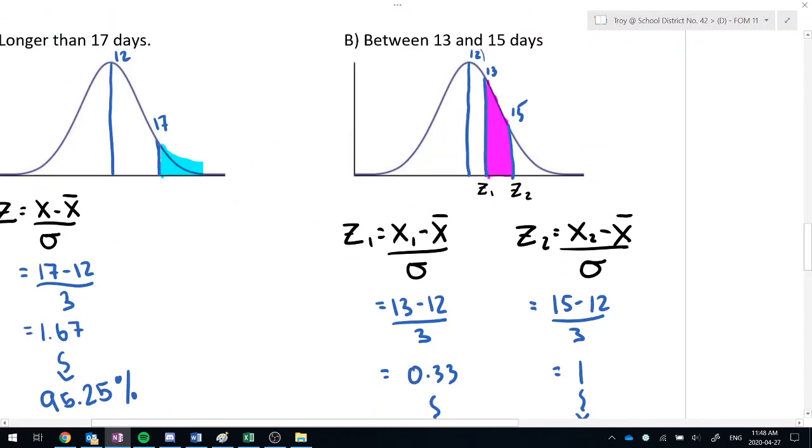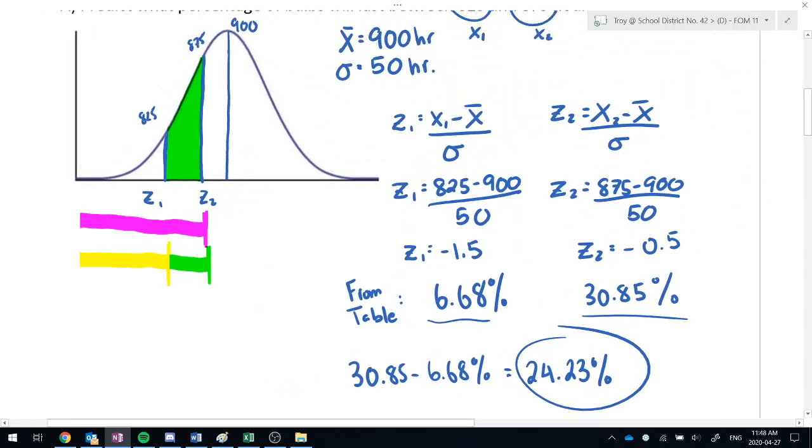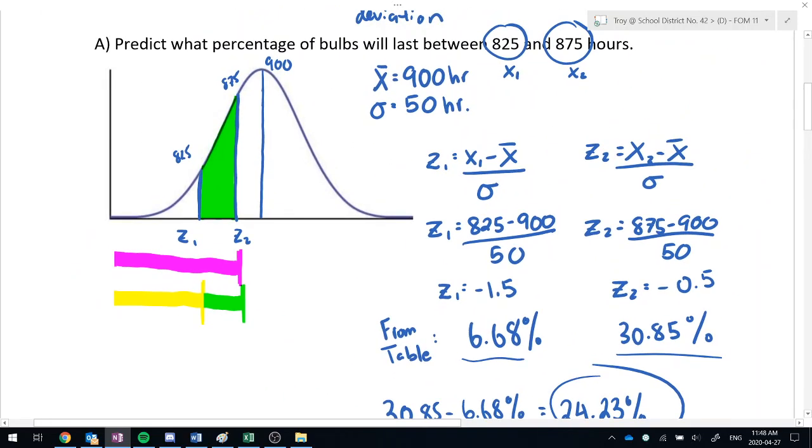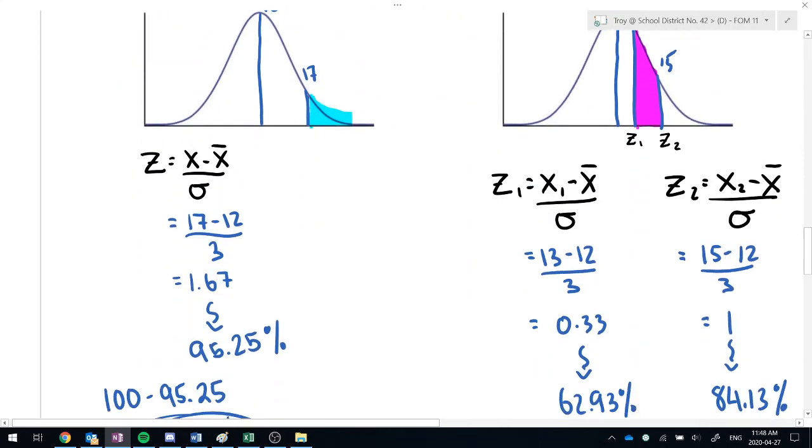All right, and if we want to find the area between them, well, we just subtract them, very similar to what we did for the last question. So we'll take the bigger number and subtract from it the smaller number.